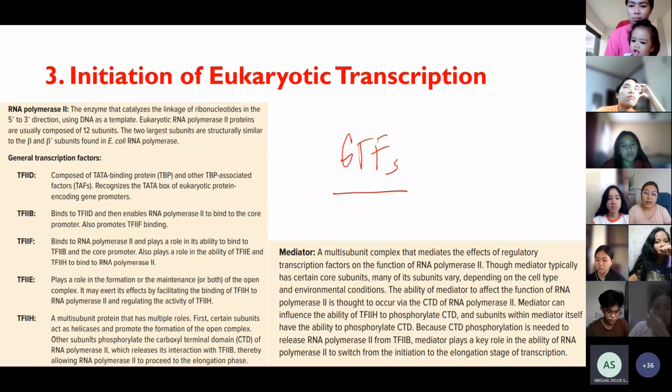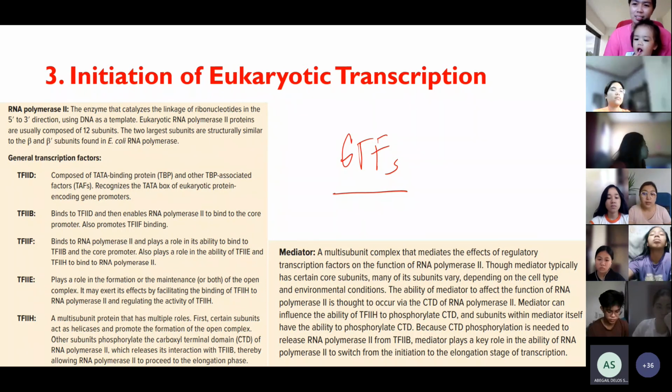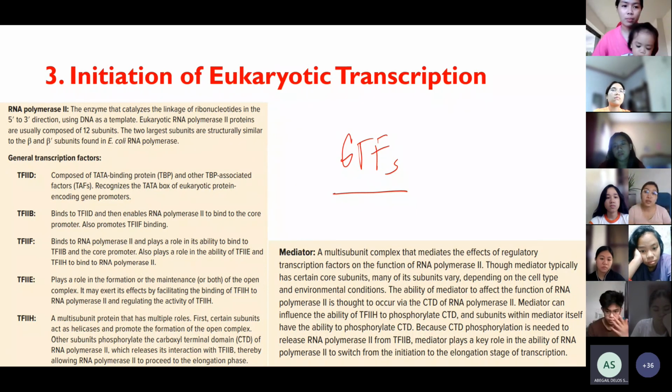TFIID, by the way, is also composed of several subunits. The subunits include the TBP, the TATA binding protein, and several other proteins that we call the TBP-associated factors, or the TAFs.